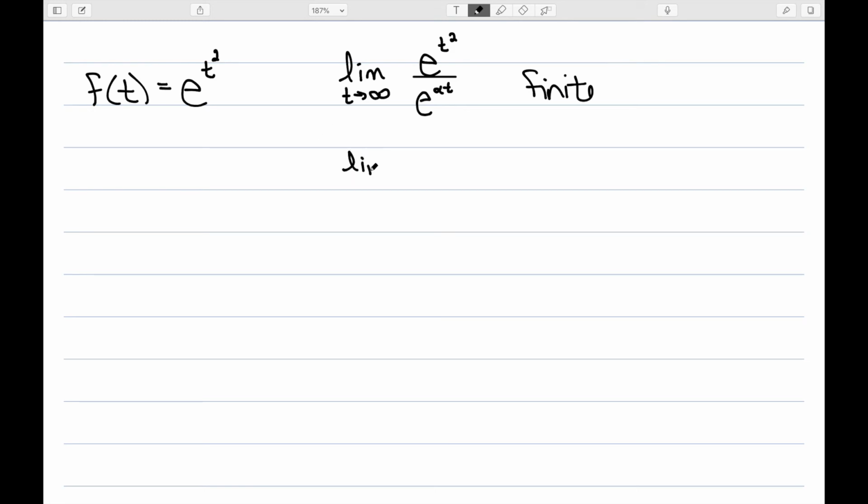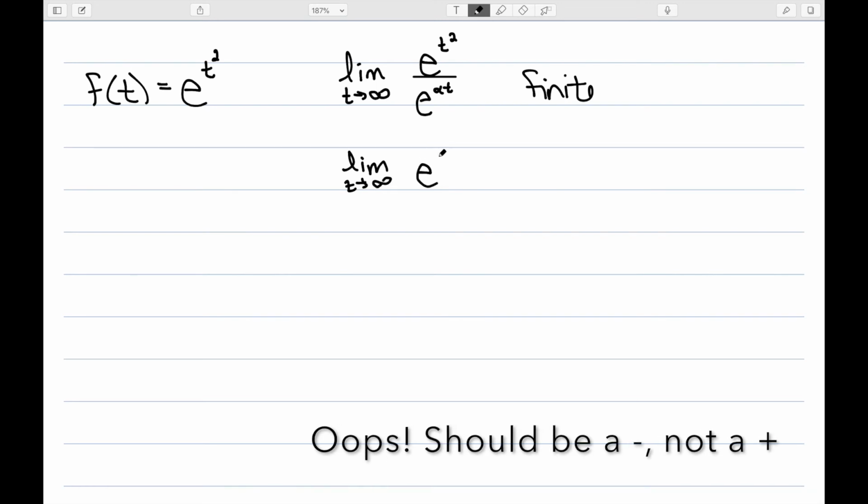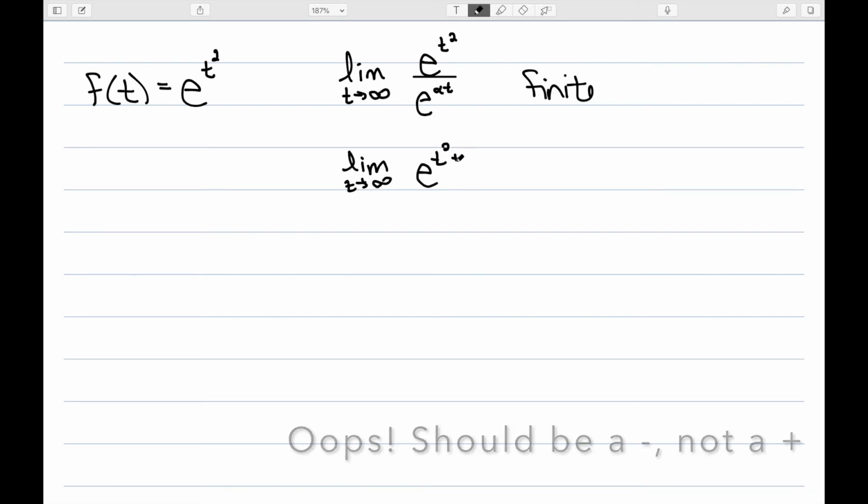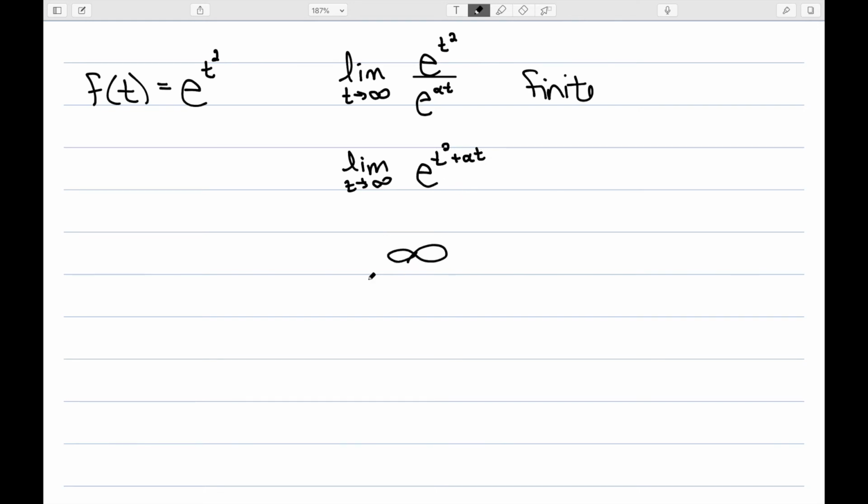This will be the limit as t goes to infinity. Using properties of exponents, we can write this as e to the t squared plus alpha t. As the limit as t goes to infinity of this, the exponent would tend to infinity, and e to a really big number is a really big number. So this would be infinite. So this tells me this is not of exponential order. I did not get my limit to be finite.